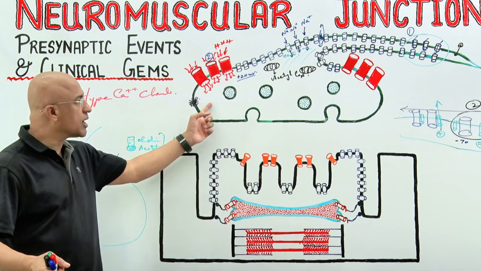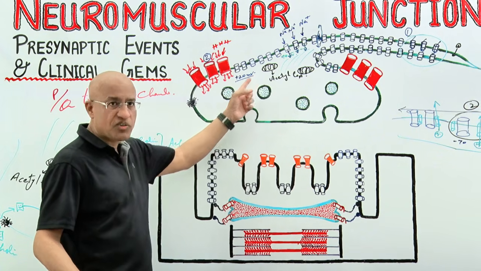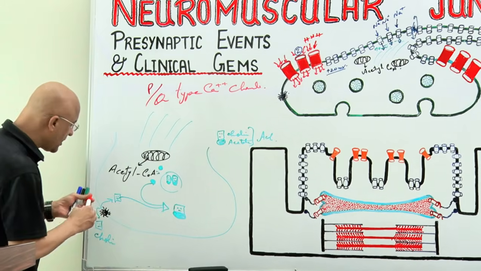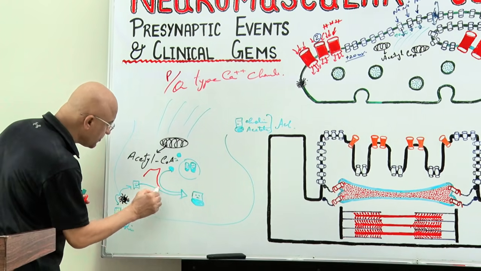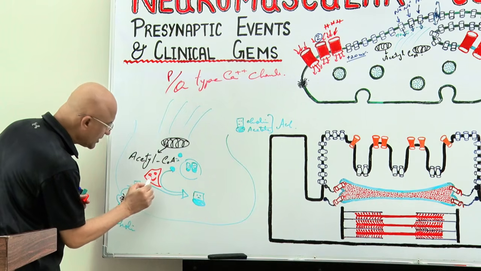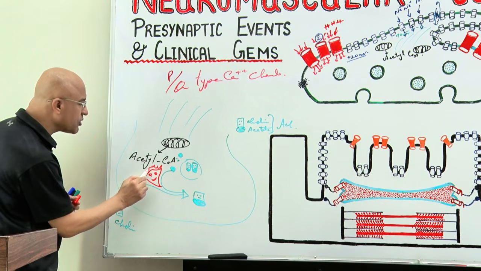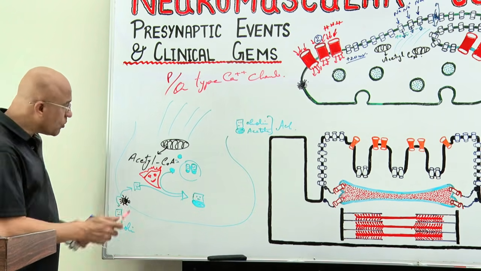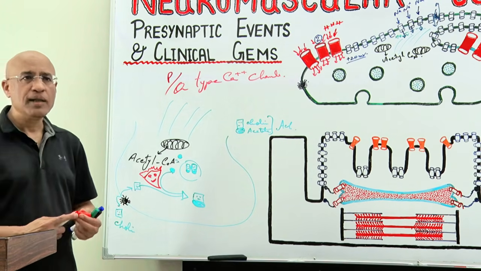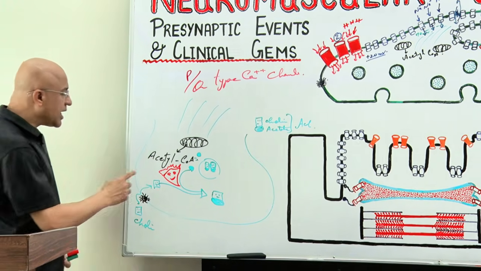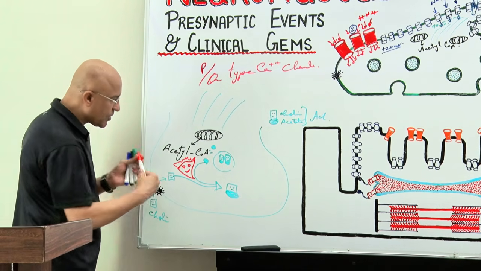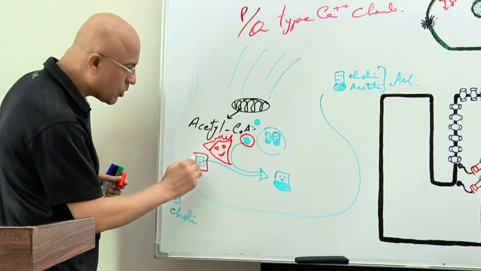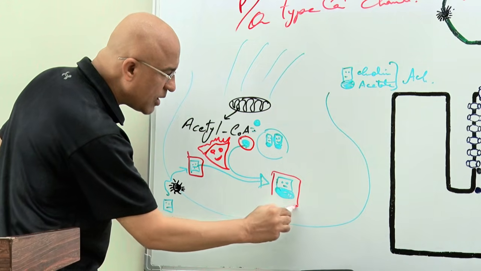Once choline comes in, the mitochondria provide acetyl-CoA, and under the influence of an enzyme, both of them fuse together. What is the function of this enzyme? It transfers acetate to the choline, resulting in acetylcholine.